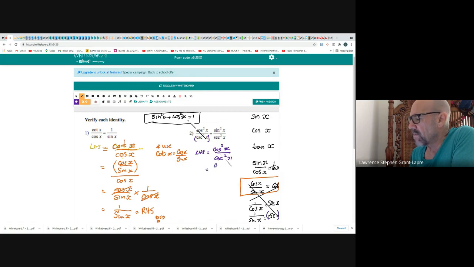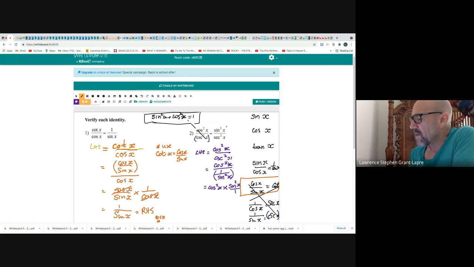Now I'm going to replace cosec squared x with 1 over sine squared x. So I'm going to take that cos squared x, divide by a fraction, times by the reciprocal, sine squared x over 1.